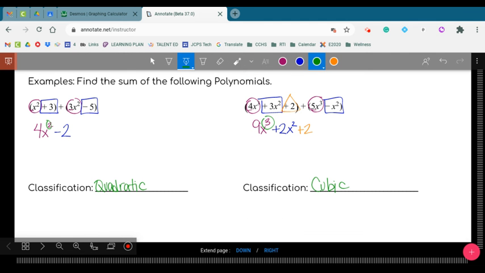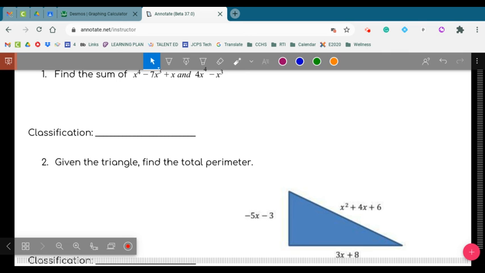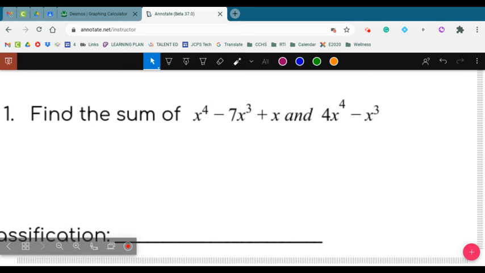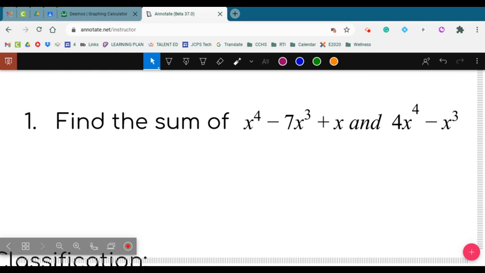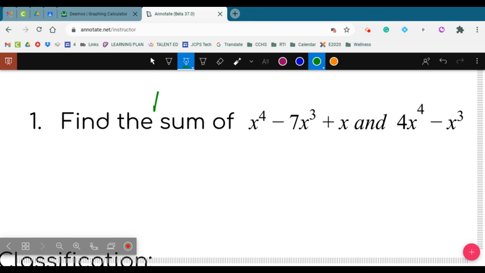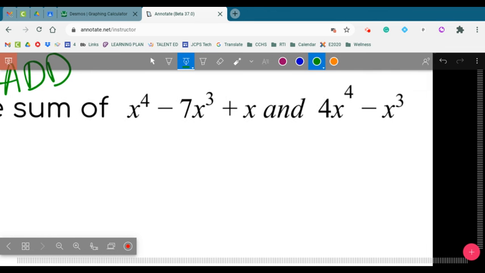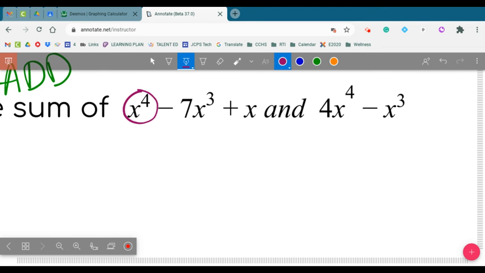Okay, let me know if you guys have any questions on that. We're going to move on to the back page. On the back page, it says find the sum. So if we're finding the sum, we are adding. So we're just going to combine them. We have x to the fourth and 4x to the fourth. That's going to give us 5x to the fourth.